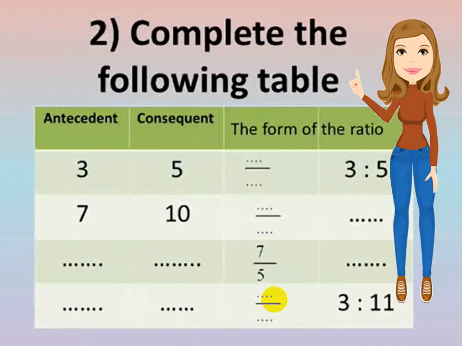Number 2, complete the following table. The first column, antecedent. The second column, consequent. The third column, the form of the ratio.